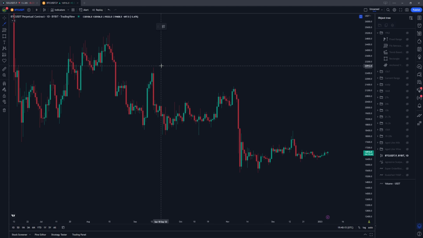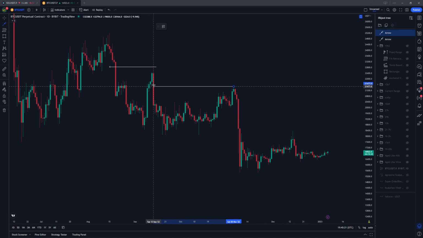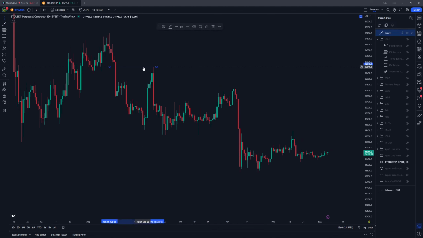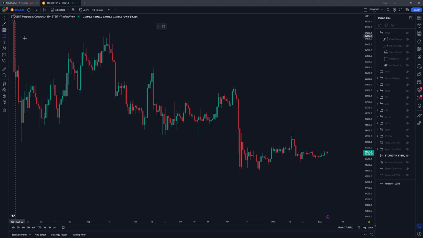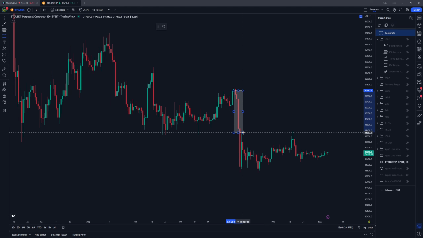You can see here, price came back to this level, and in this case, price came back to this level. So what I want to do is find a technical area and a technical reason for price to come back and revisit this area.